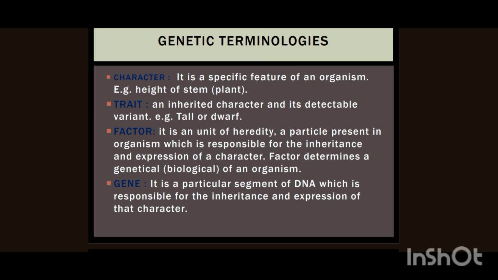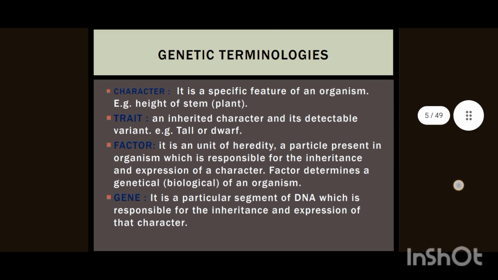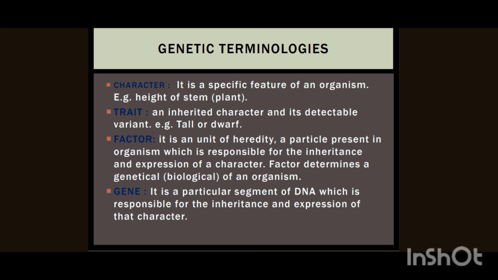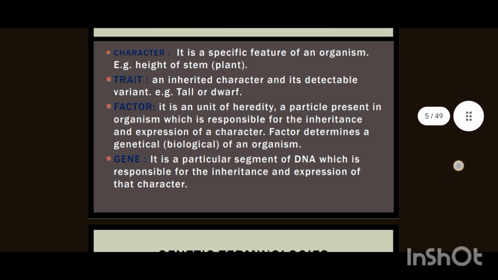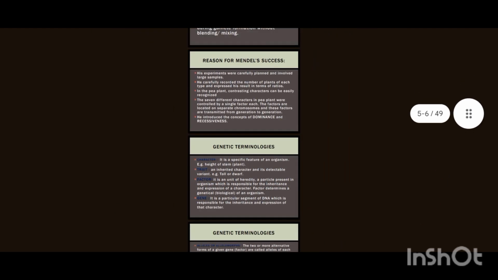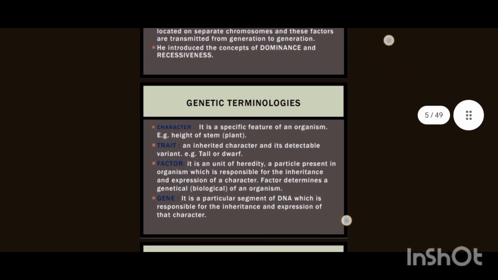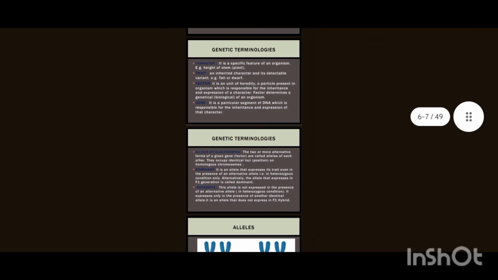Factors are the unit of heredity, a particle present in an organism responsible for inheritance and expression of a character. Nowadays it is called a gene. In those days it was called factors.